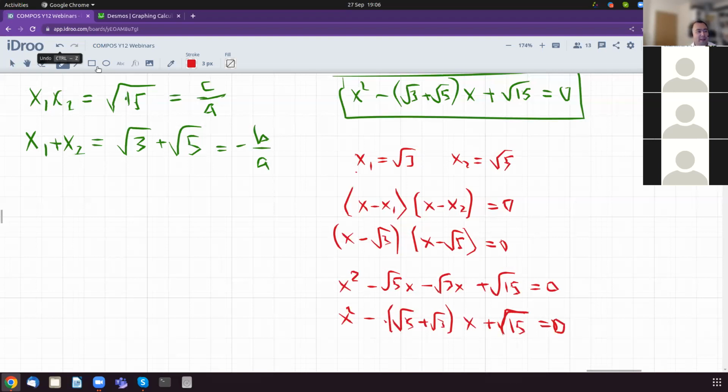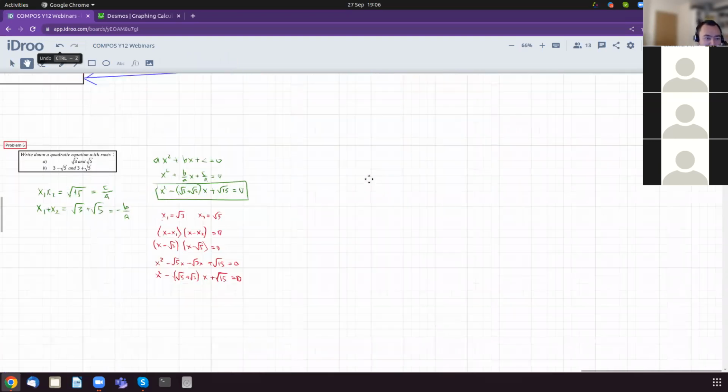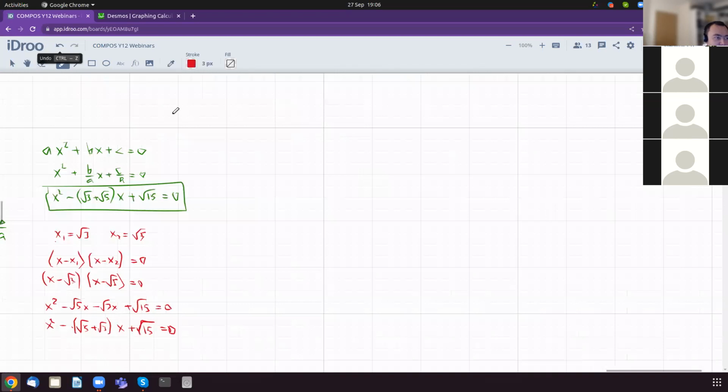In general, if you have an equation with two given roots, let's say x1 is equal to 3 and x2 is equal to 2, that's super easy. (x minus 3)(x minus 2) equals 0. x squared minus 3x minus 2x plus 6 equals 0. x squared minus 5x plus 6 equals 0.